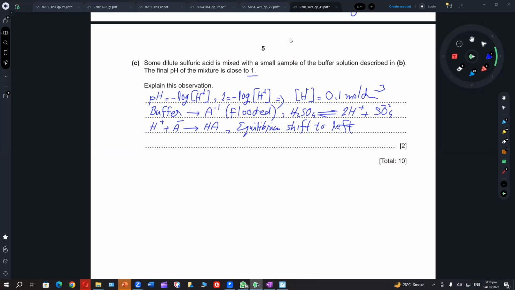So A minus is the limiting reactant, all used up. Yes. H plus is in excess.